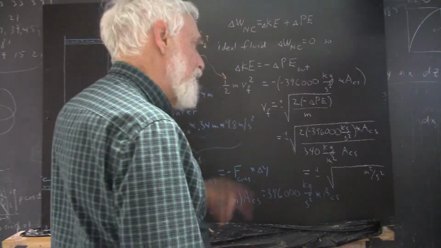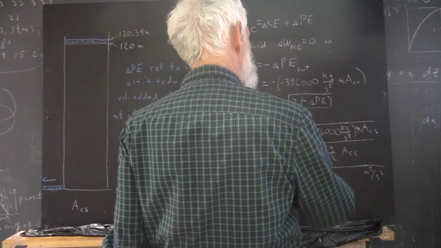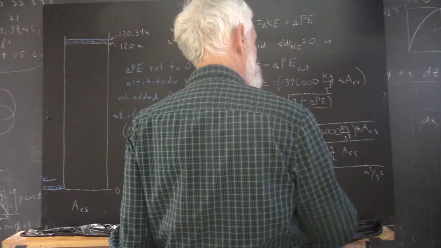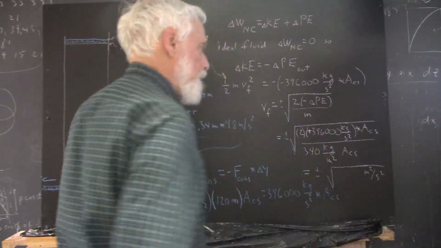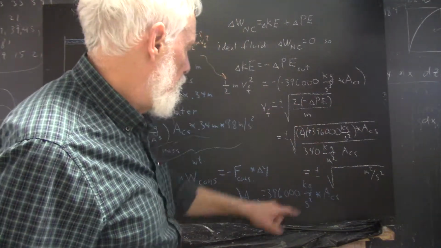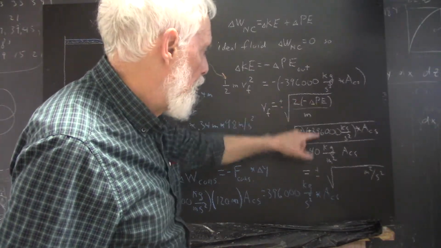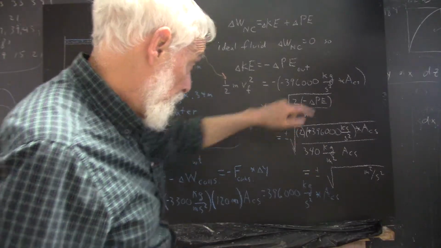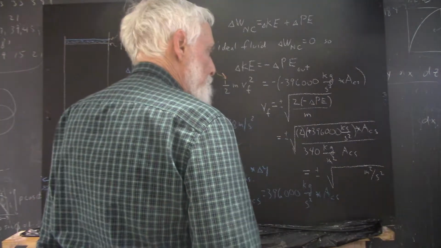And that left off a negative sign. And I don't have room to insert it, so I'm just going to make that positive, being a little sloppy. The delta PE is negative. And then we have the negative of that, which gives us the positive here. I missed that. So anyhow, we're going to end up with something like 22,000.